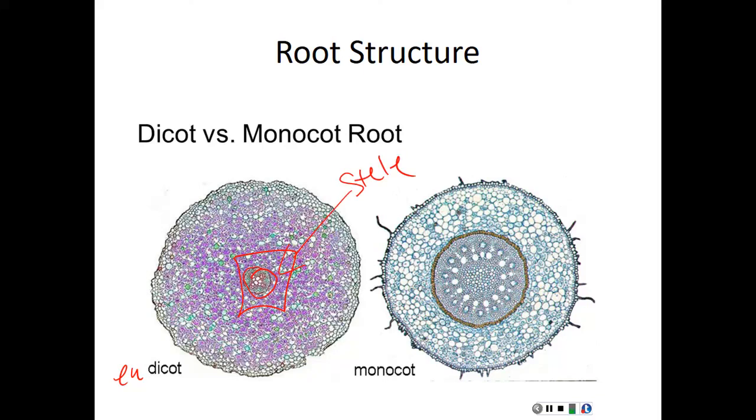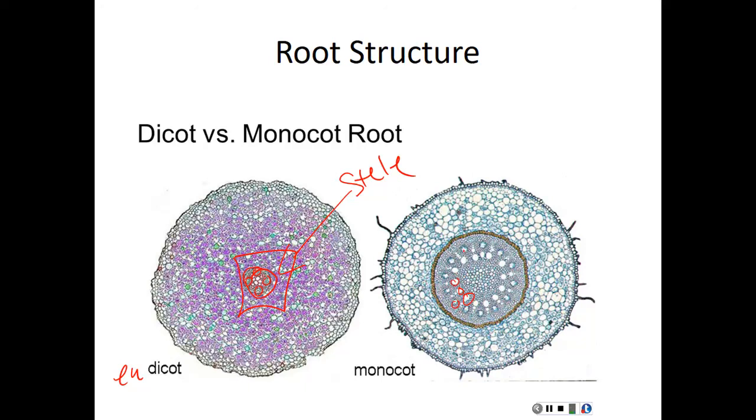Basically, the red is xylem, in a cross shape, and we have patches of phloem within them. By contrast, in the monocot root we have these circles of vascular tissue, with alternating xylem and phloem.